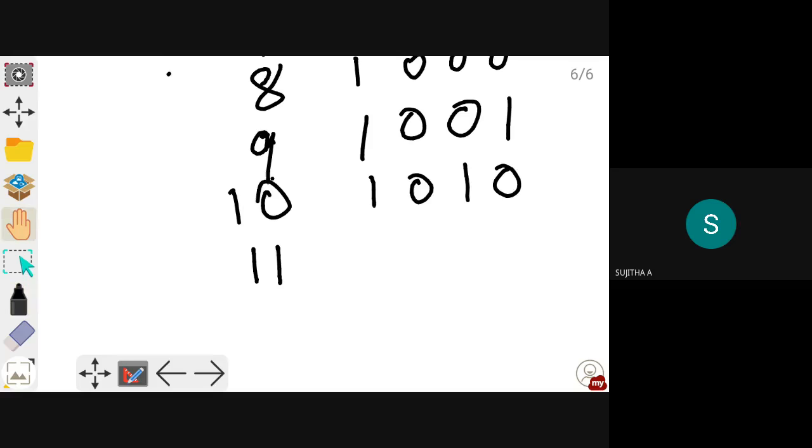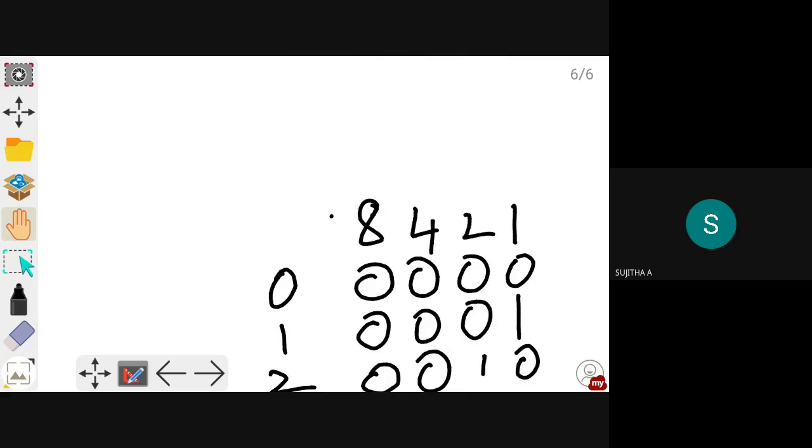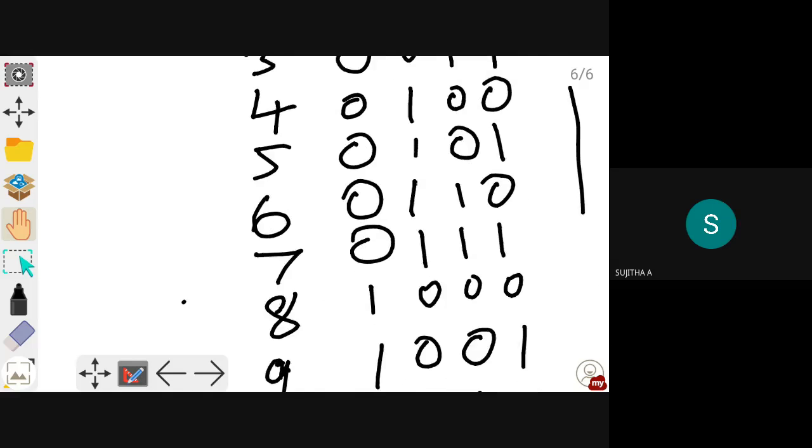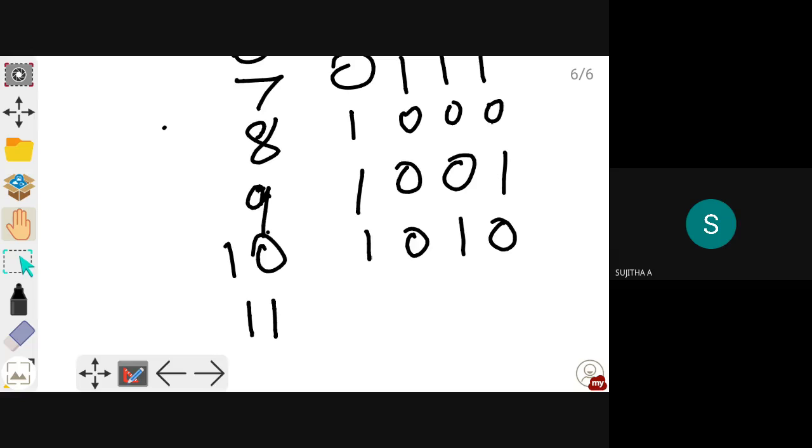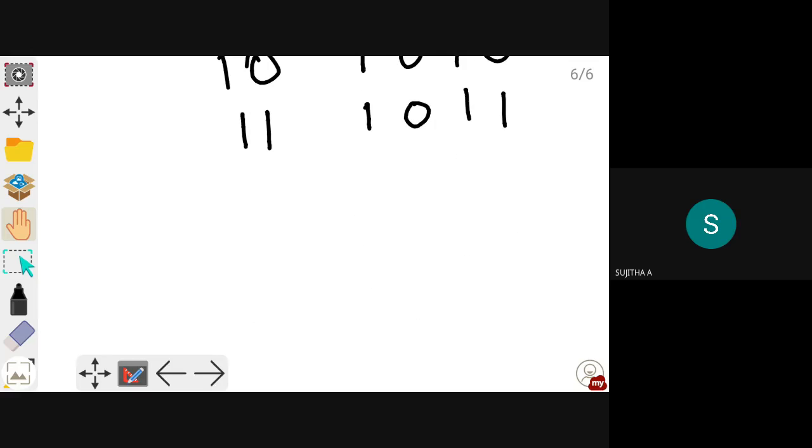so you can see this. 11 will be 8 plus 2 is 10, and 2 plus 1, 11. So you will get 1, 0, 1, 1, and then 12 will be 1, 1, 0, 0, that is 8 plus 4 will be 12.